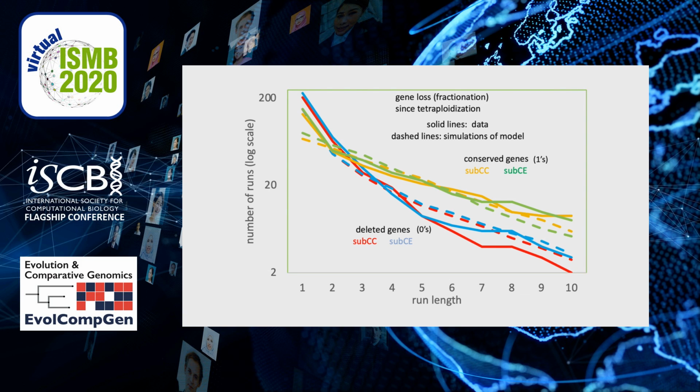Because of the poor fit of the one-at-a-time model, we combine this model with a gamma distribution component. We compare data on runs of ones and runs of zeros from both the speciation event and the tetraploidization event. We optimize the gamma parameter in terms of a chi-square criterion.